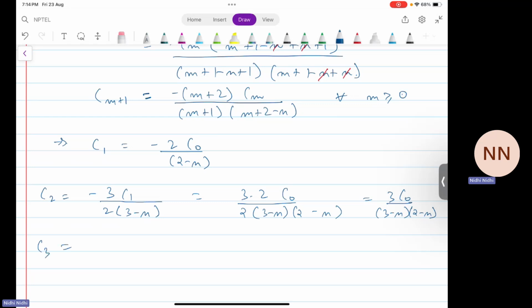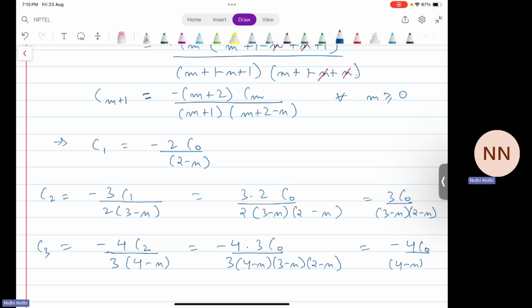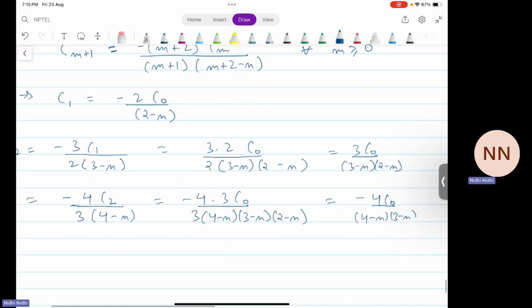Now for C3 we have m is equal to 2, so we have minus 4 C2 by 3 times 4 minus n, which is minus 4 C naught by 4 minus n, 3 minus n, 2 minus n.